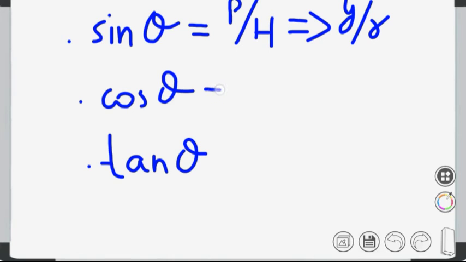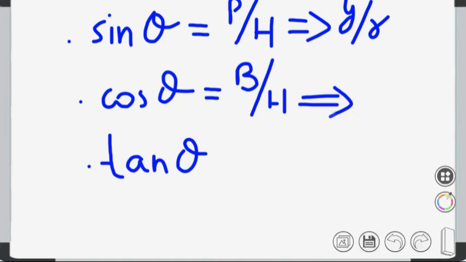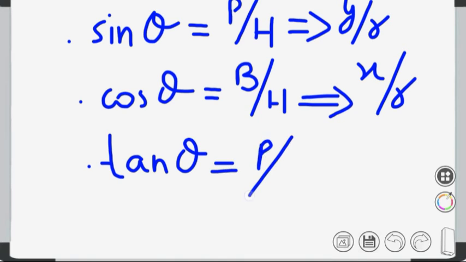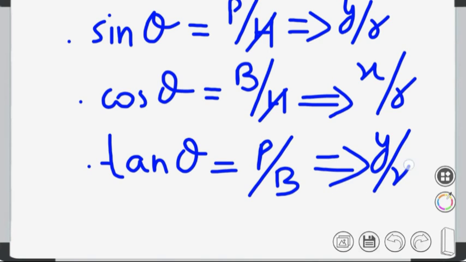Cos theta is equals to base over hypotenuse, which can also be written as x over r. And tangent theta is equals to perpendicular over base, and hypotenuse from sine and cos is cancelled. And it can also be written as y over x as r and r is cancelled.